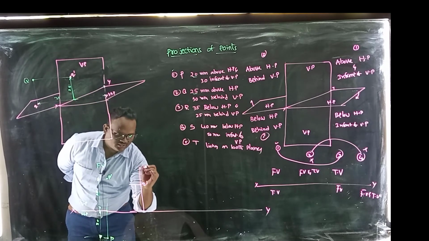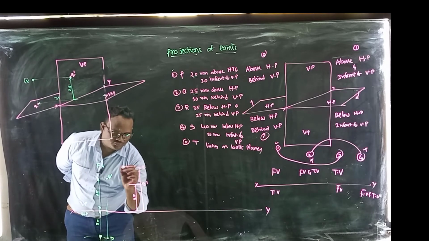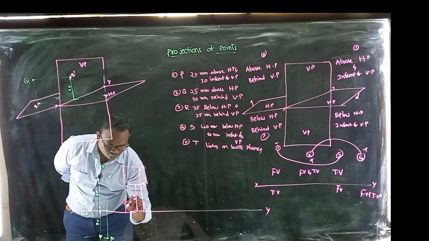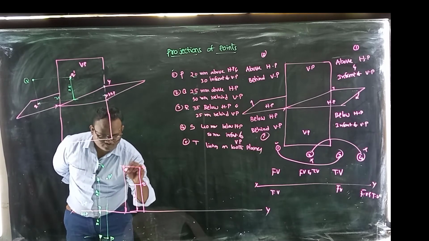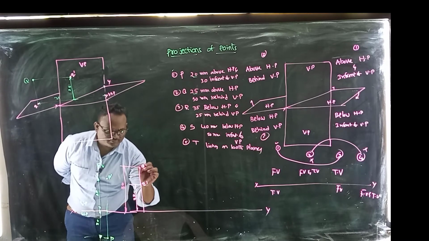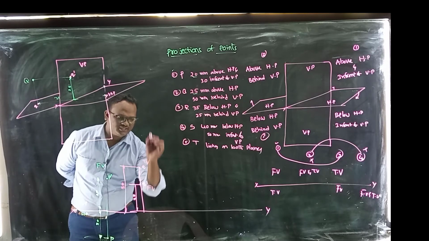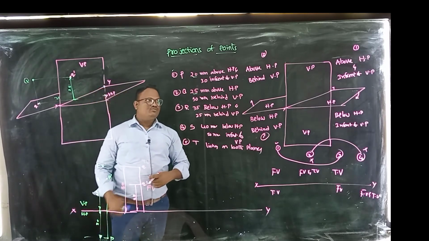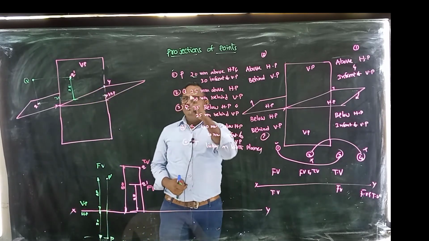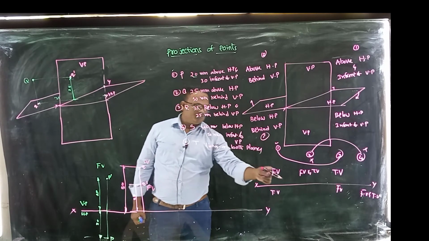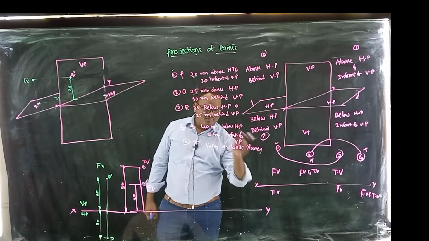So this is the top view Q. This is 30 mm. Dash indicates front view. So this is the front view. So this is the top view. So what is the condition we have? If it is first angle projection, the front view we will get above, the top view we will get below.